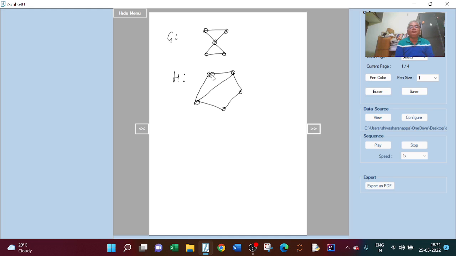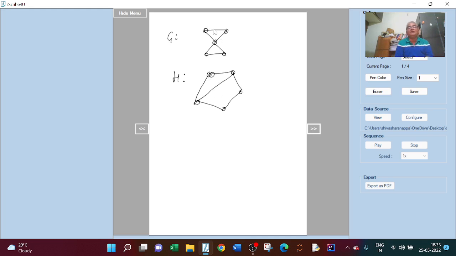H also consists of 1, 2, 3, 4, 5 vertices, right? And the number of edges in G is 6, and here also the number of edges is 6. The number of vertices is the same, and the number of edges is also the same. But this G is not isomorphic to H.